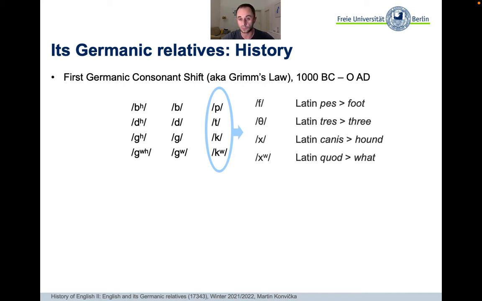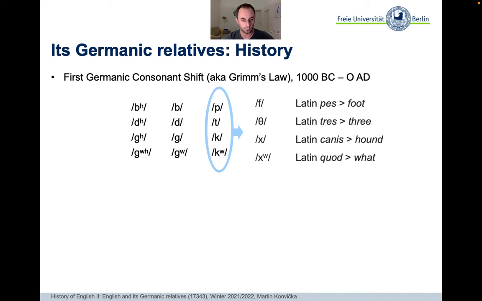Similarly, the Latin word for three, tres, shifted to th, three, right? Then the shift of k to ch: the Latin word for dog, canis, shifted to a ch or h sound, hound. And the sound qu shifted to ch, as we can see, for example, in the Latin word for what, quod, which is in English, obviously, what.